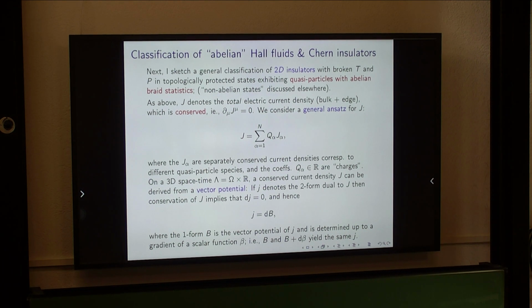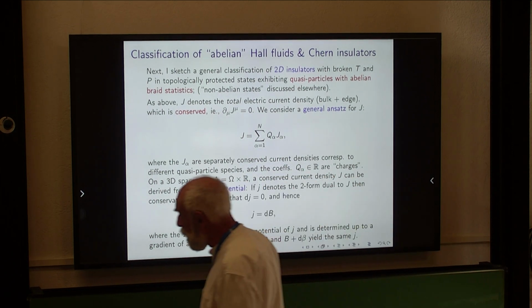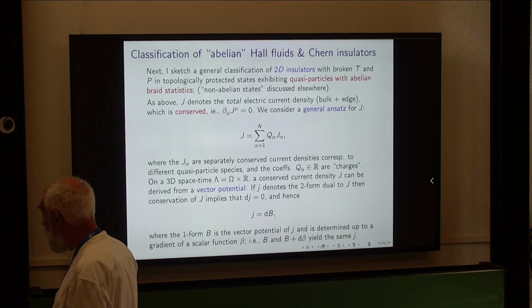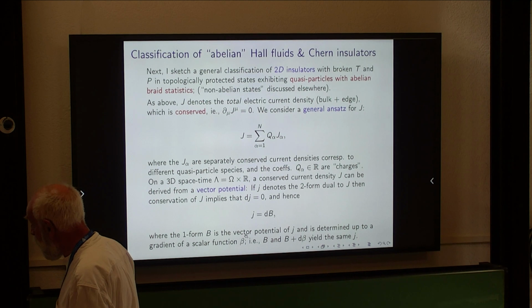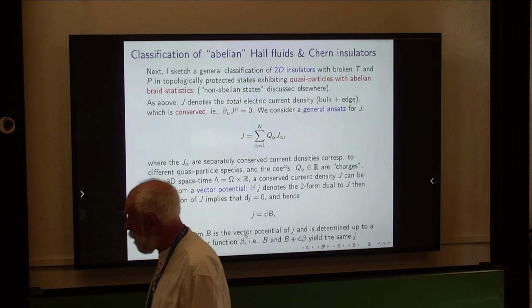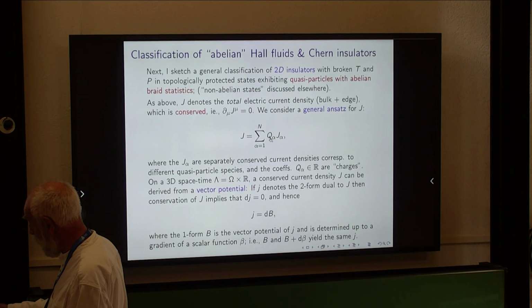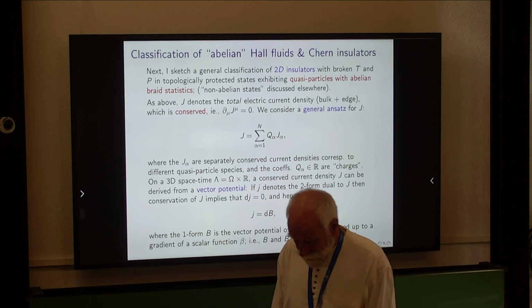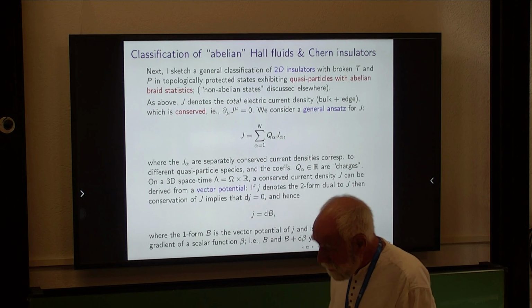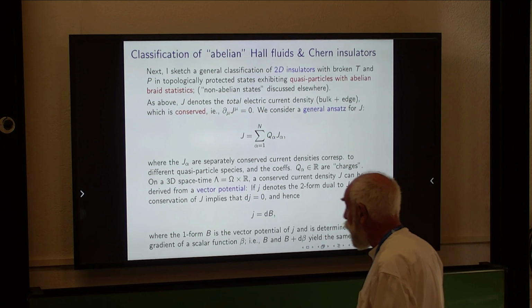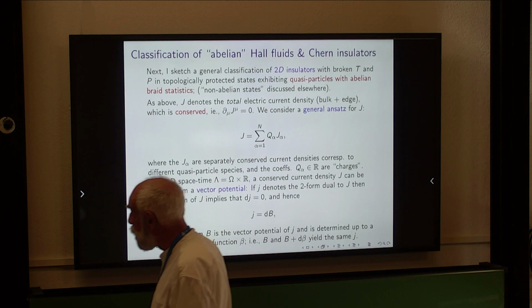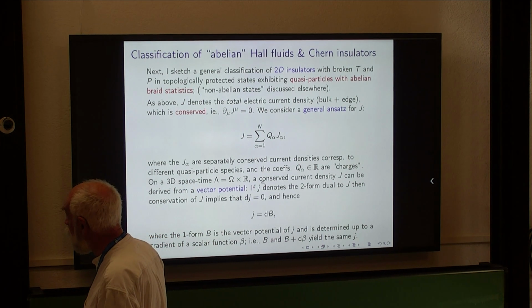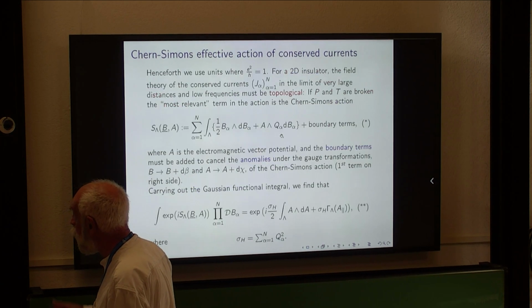This is inspired, of course, from the Landau levels of a gas of non-interacting electrons. But it's just an ansatz. I will normalize this current J alpha in a canonical way so that the coefficient Q alpha has an unambiguous meaning. Now we saw before that conserved currents in 2 dimensions have vector potentials, so I introduce vector potentials for all these conserved currents J alpha.